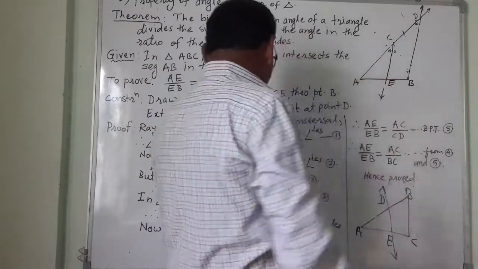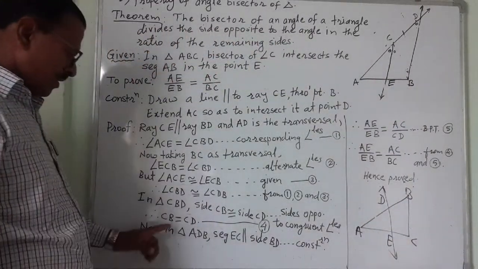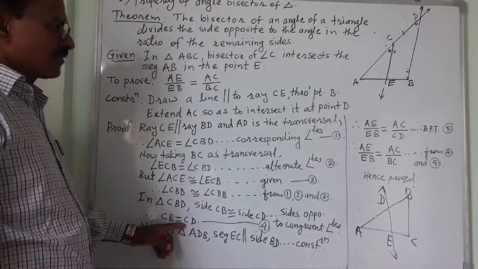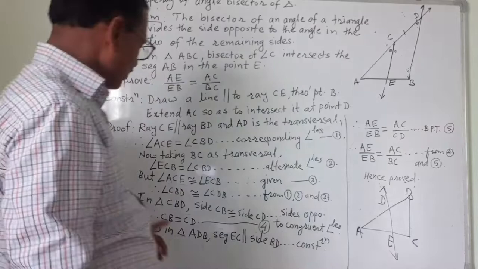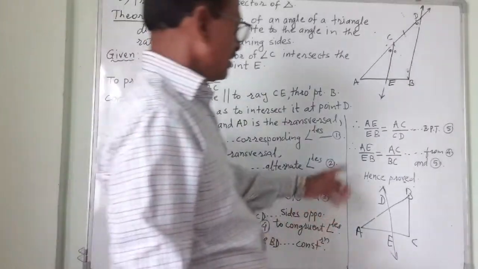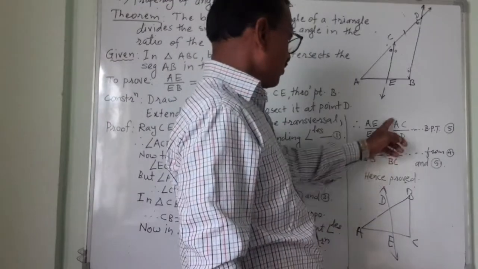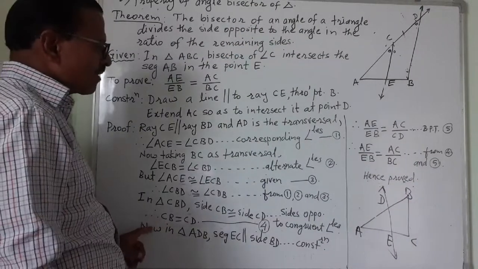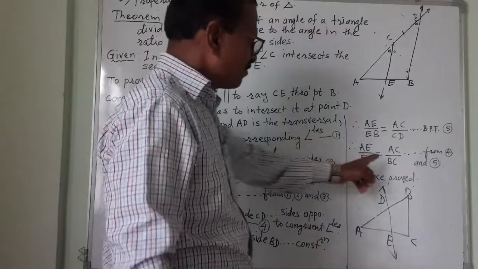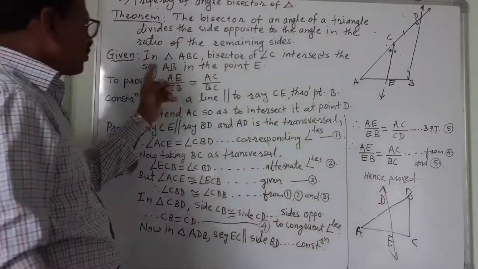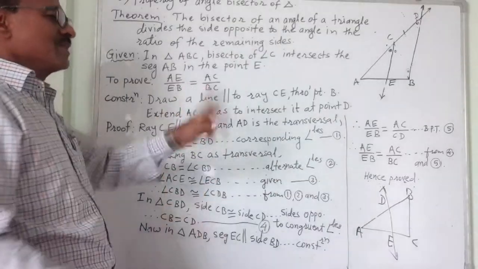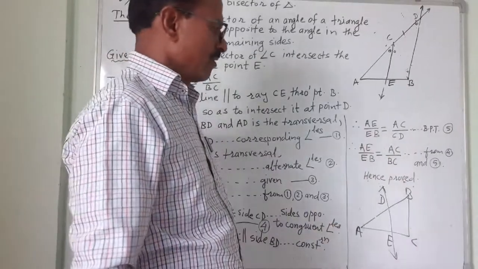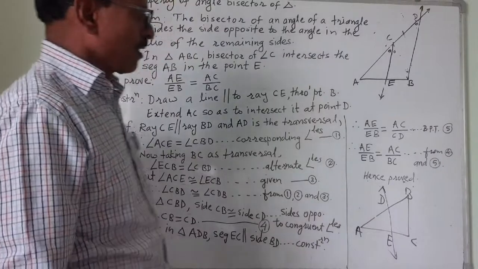But what is CD? That is equal to CB. AE upon EB is equal to AC, but CD is equal to CB. Instead of writing CB, I have taken BC, because to prove in that I have written BC, not CB. So BC. This way the theorem is completed.